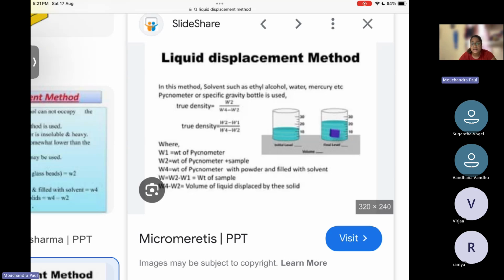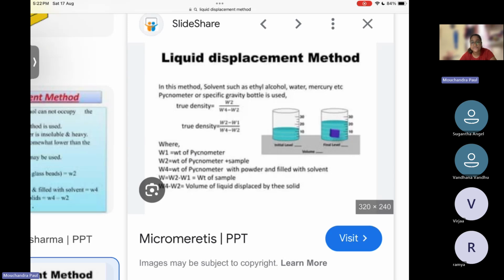And then we compare the weight of the sample with liquid and without liquid. If the liquid has entered, it definitely means that it has gone into the void space because there is no other space for the liquid to stay. If we subtract the weight of the sample without mercury from the weight with mercury, we'll get the amount of liquid that has entered. So that can actually help you understand.